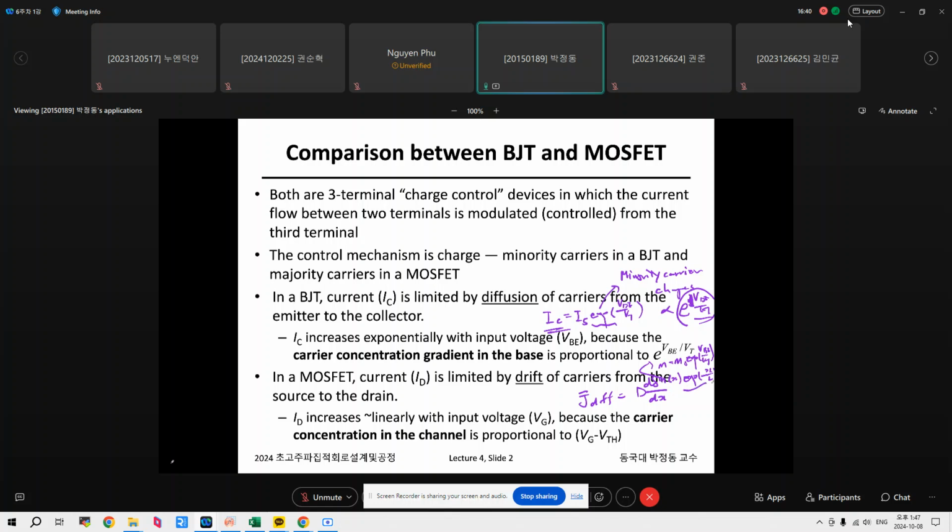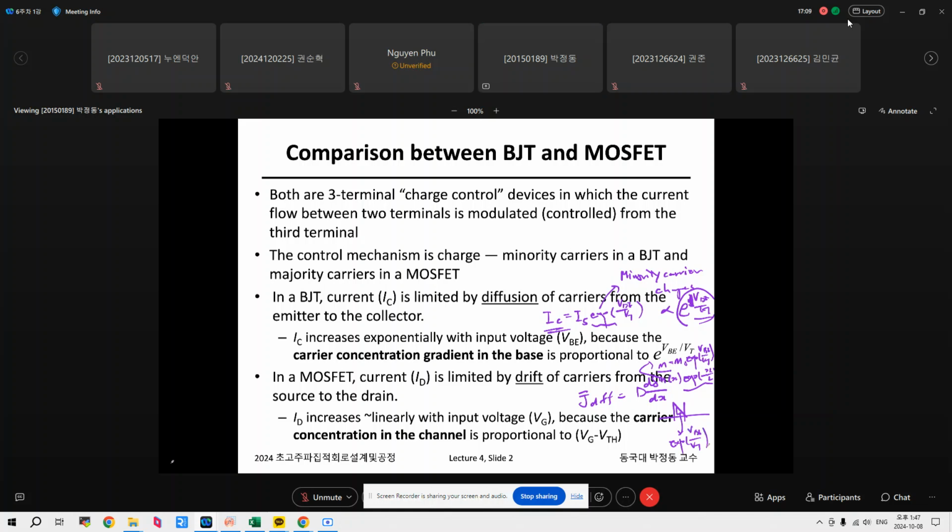But this doesn't matter, because we just use the collector as a reverse bias. So diffusion characteristic is modeled like this one, right? So this slope gives, based on this relation, exponential Vbe over Vt.